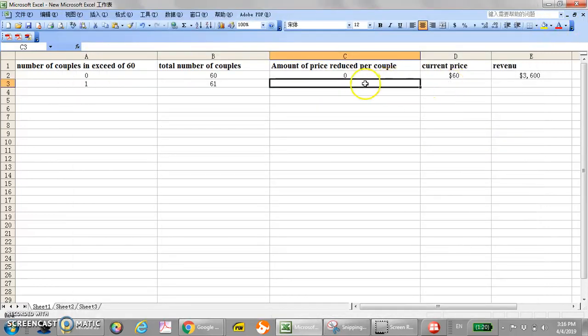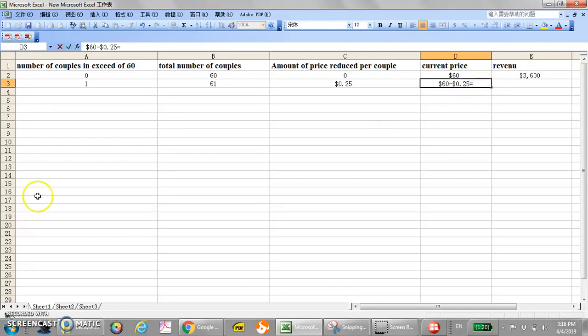So now every couple will be charged 60 minus 0.25, which is $59.75.